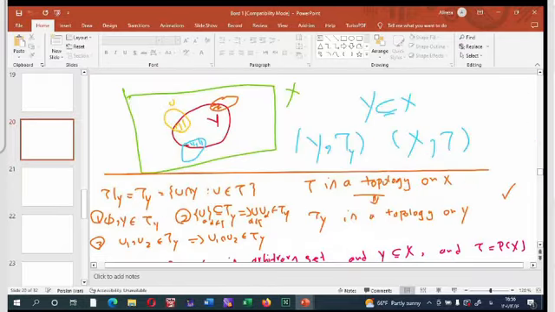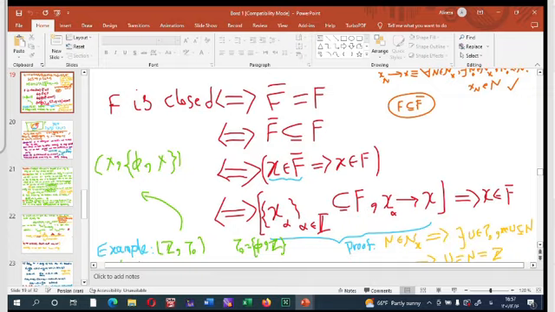But x belongs to F bar if and only if, by the previous proposition, there exists a net in F such that x_alpha converges to x. So we can write this instead of the closure.